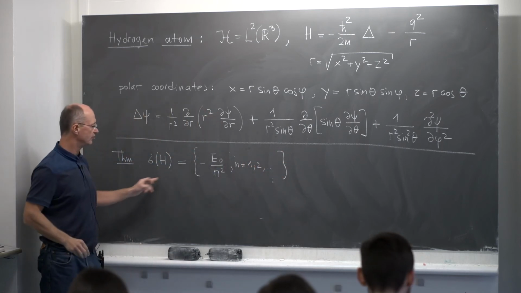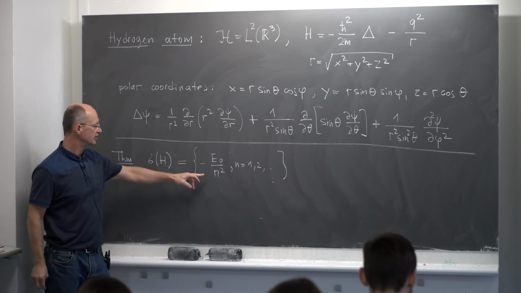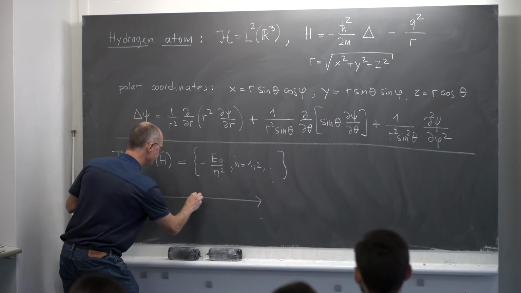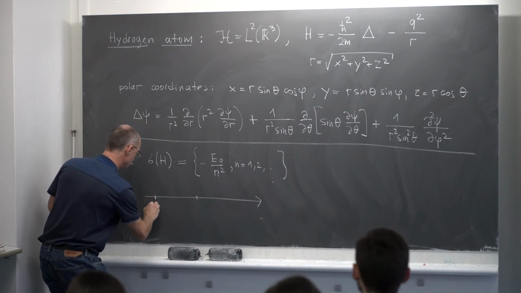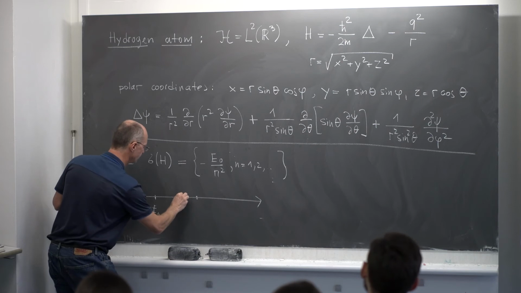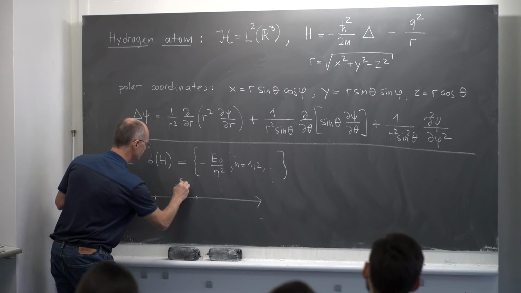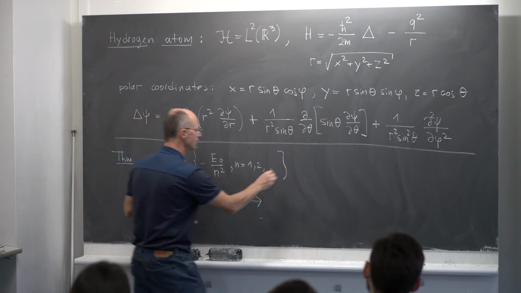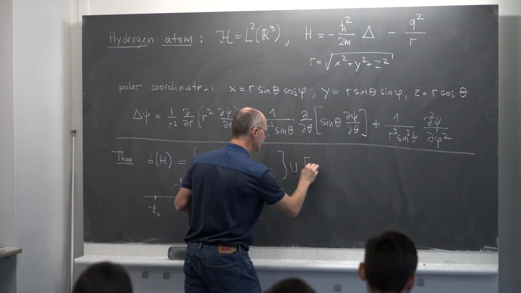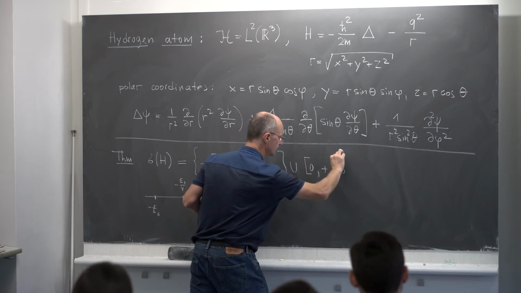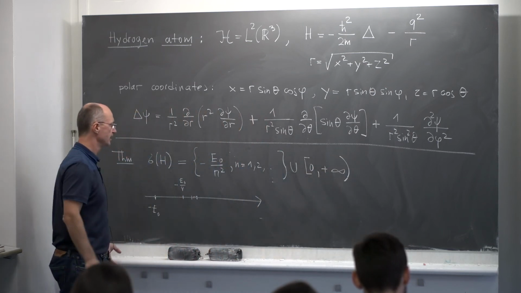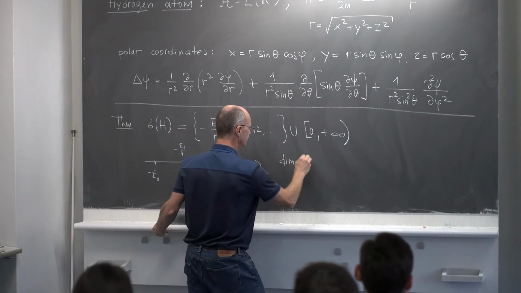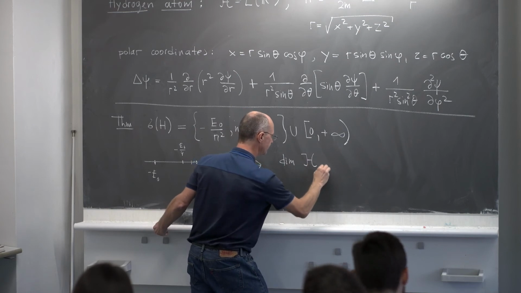So there is a number of points on the negative part of the real axis. So here minus E0, and then minus E0 over 4, and so on, which accumulate to 0, and then union with 0 plus infinity.